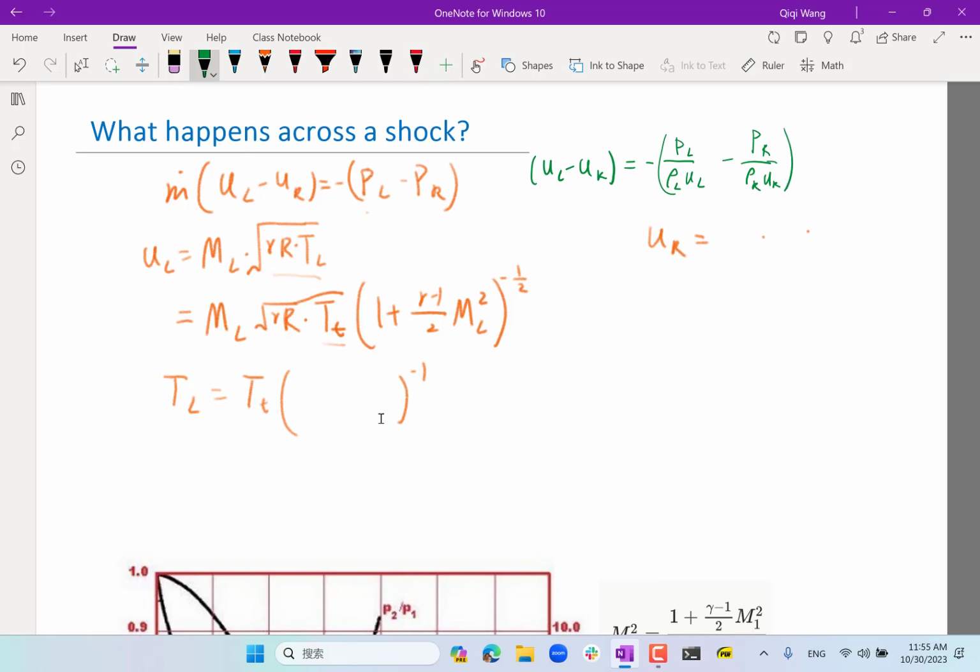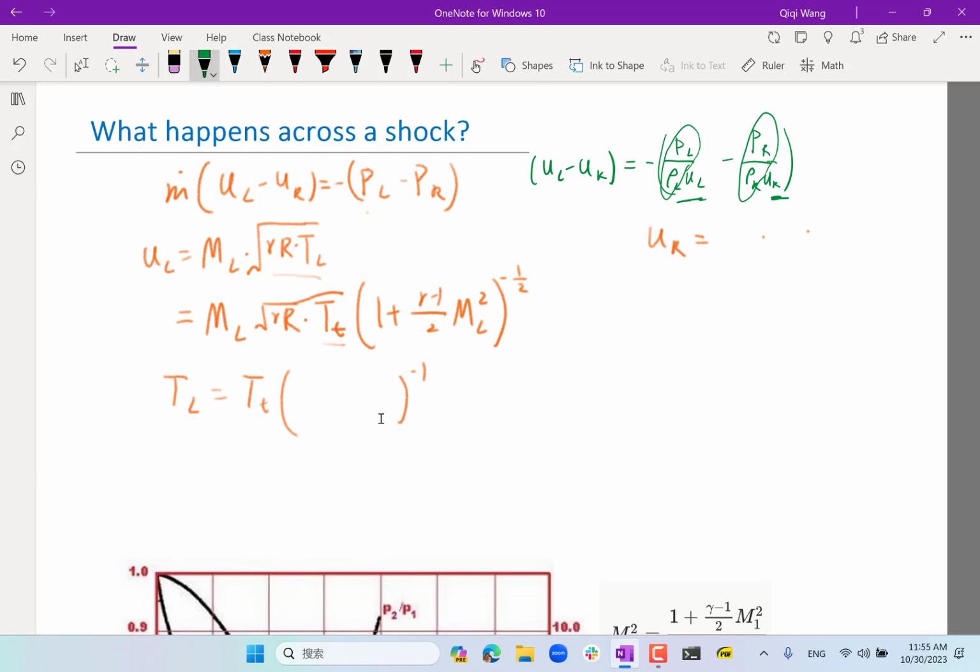What we are basically doing is that PL over rho L can be written as temperature, which is going to be represented as Mach number again. This temperature can be expanded in terms of the total temperature times a function of Mach number. The velocity can be written as the Mach number times the speed of sound, and the speed of sound can also be written in terms of temperature. So everything can be written as Mach number and the total temperature.